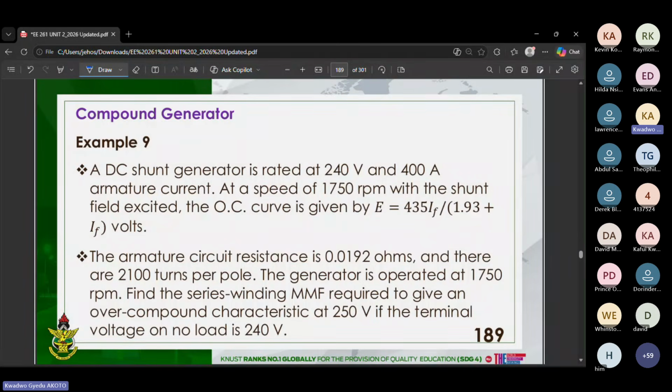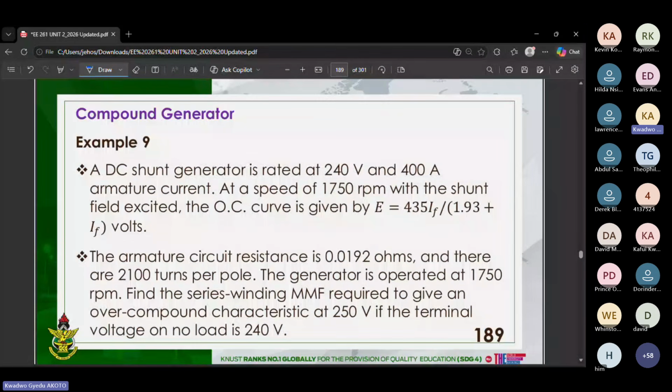So it's rated at 240 volts and has armature current of 400 amps at a speed of 1050, whatever that speed is, with the shunt field excited. The OC curve is given by, so we have our OC curve here. The armature circuit resistance has also been given there, and there are 2,100 turns per pole. Okay, the generator is operated at 1,750, so that means that our E is going to be constant throughout, right?